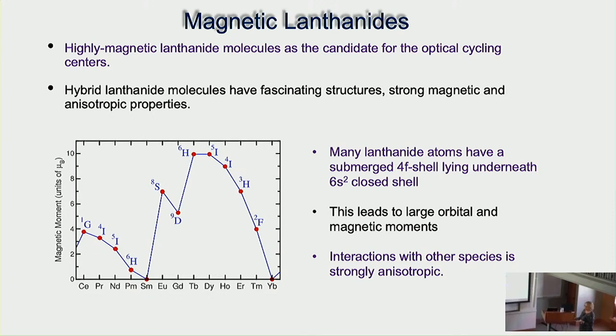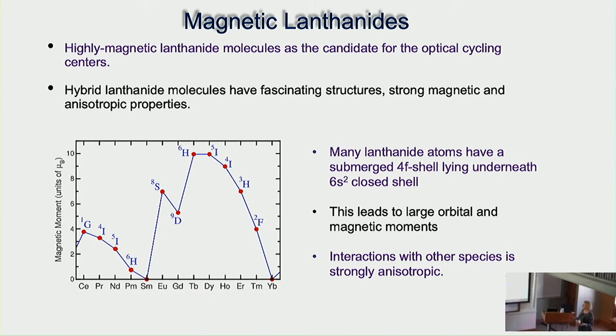I'll mention a little bit. Of course, many people know that the lanthanide series is located at the bottom of the periodic table, and they have an unusual property that all lanthanide atoms have the same outer shell, a filled 6s2 shell. But under this shell, they have 4f electron shells, and for some atoms, those shells are not filled.